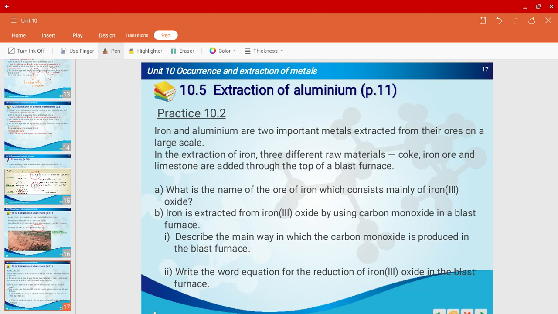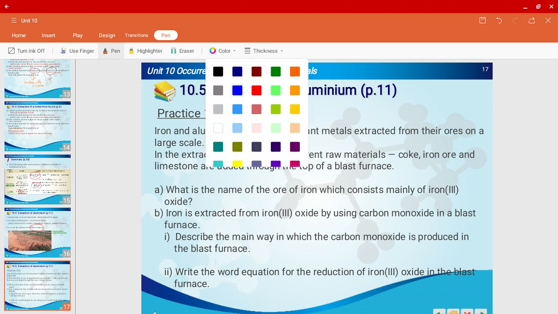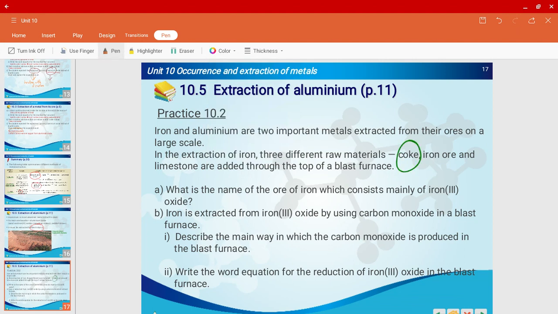Iron and aluminium are two important metals extracted from their ores on a large scale. In the extraction of iron, three different raw materials, coke. Now, it's not the coke that you're thinking about. It's not Coca-Cola, and it's definitely not cocaine. It is carbon, actually.